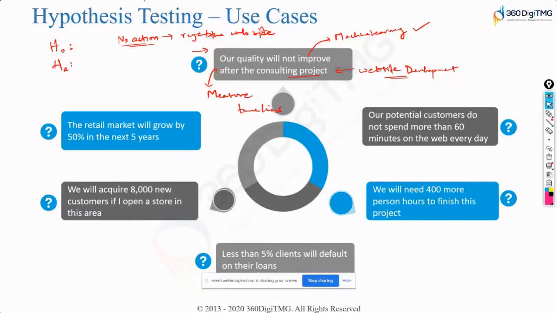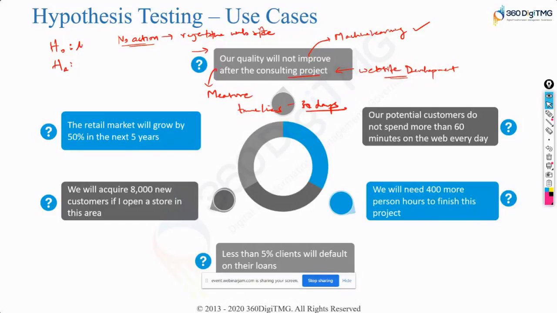So assume 30 days is the default time. The client is giving 30 days. If you are able to complete the project without errors and hand over the website within 30 days, then fine. But because it is not your work area, you are doubtful that it will be completed in 30 days.